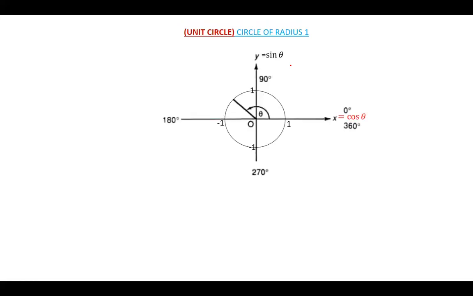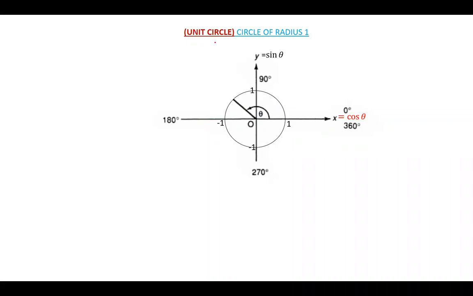All right. So we also have what is known as the unit circle. The unit circle is simply a circle with radius 1. Like I said, the y-axis is sometimes known as the sine axis, and the x-axis is sometimes known as the cos axis. In this unit circle, unit means 1.